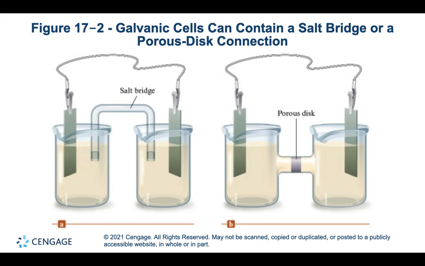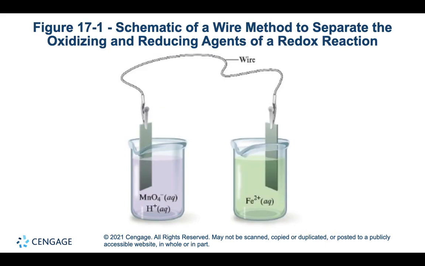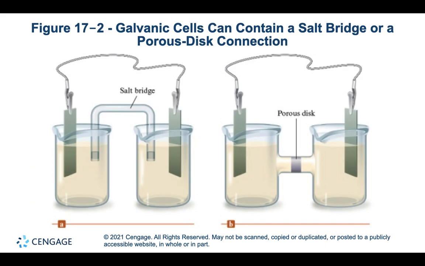So maybe if it were similar to this previous picture, the right side would be electrons flowing, but then the salt bridge might be negative ions flowing from left to right. So electrons would flow from right to left, but then the negative charge would be continued through the circuit by negative ions flowing into the right beaker, or alternatively, or along with, positive ions flowing into the left beaker.